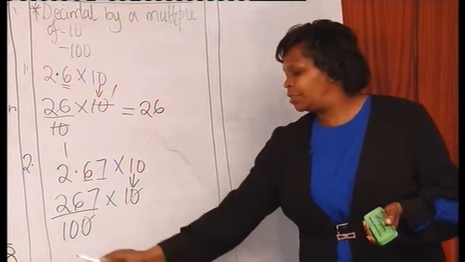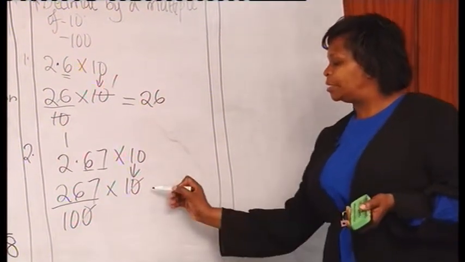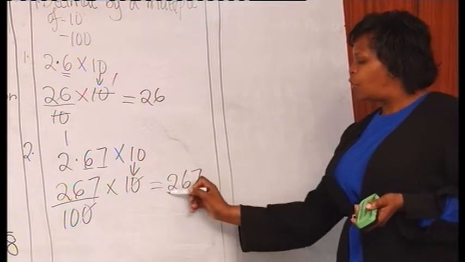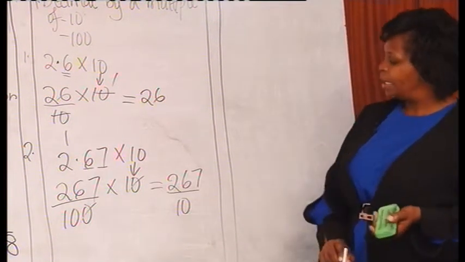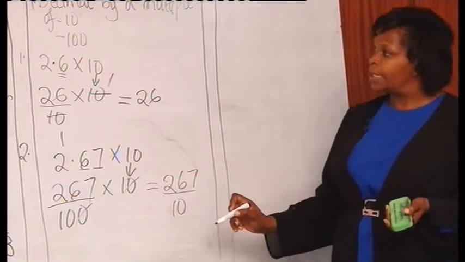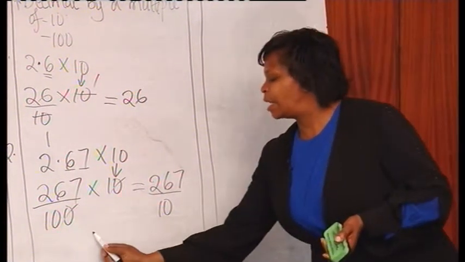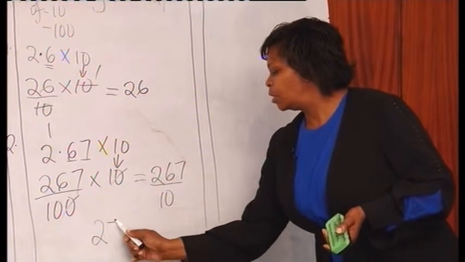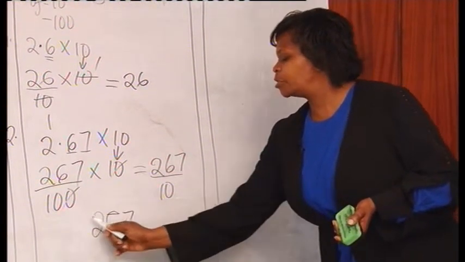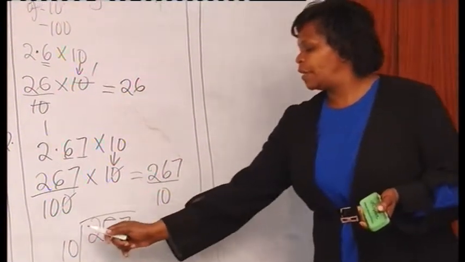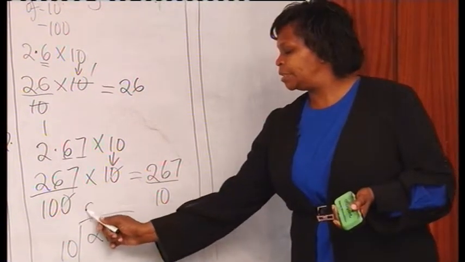So then after renaming this fraction, you multiply by 10. Now I can simplify, and it will remain to be 267 over 10. Meaning when I'm dividing by 10, I can now use long division to divide by 10. 2 divided by 10 will be 0.